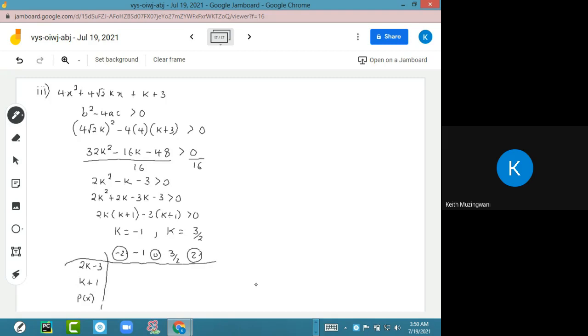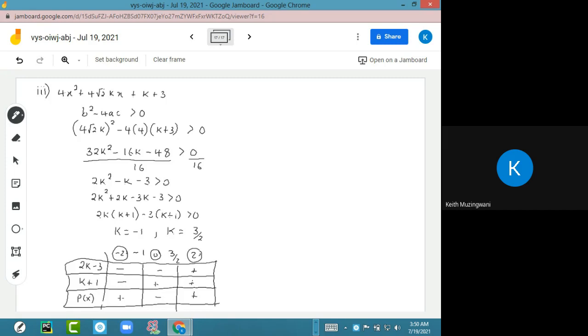So we get, what do we get? By getting negative 2 here, we get negative, positive. 0, negative, positive, negative. 2, positive, positive, positive.